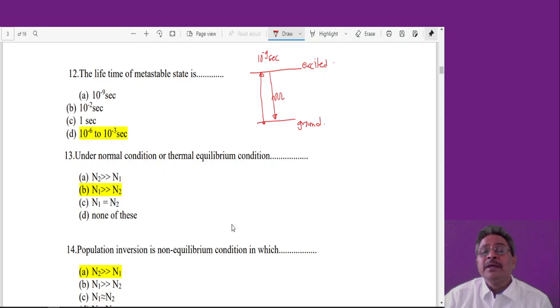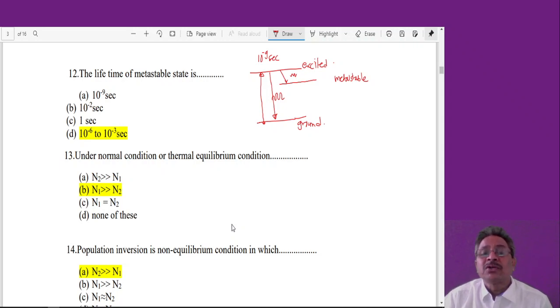On the other hand, in some elements there are certain energy states in between the ground state and the excited state, which are called metastable states. What is a metastable state? The electron which is raised here comes down to this state, and some small radiation is emitted, very small of course as compared to the other.